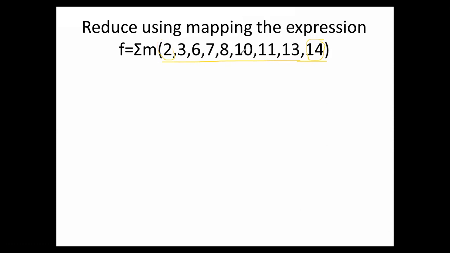So here, the maximum value is 14. That's why here we are using 4 variable K map. So first draw the general K map for 4 variables.